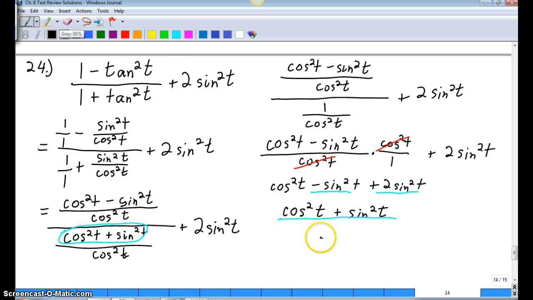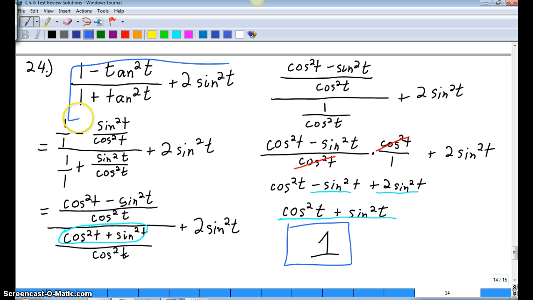Cosine squared t plus sine squared t is 1. And we have our reduction. So 1 minus tan squared over 1 plus tan squared plus 2 sine squared, this whole first expression is really just representing the number 1. So that is how you do a problem such as that, reducing using identities.